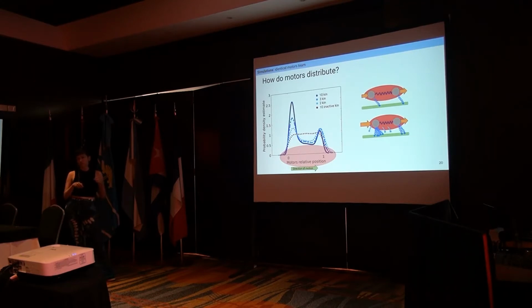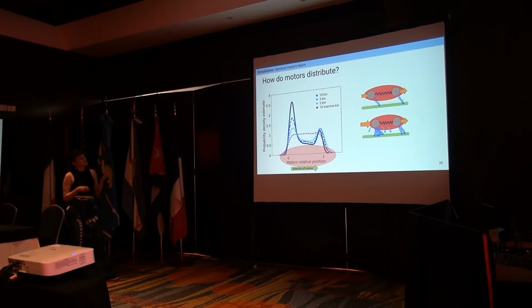That means they don't attach to the microtubule, they only diffuse. So you have this really homogeneous distribution. And then when the motors can attach, remember that they only attach to one of the nodes, you have these peaks around the nodes of the cargo.